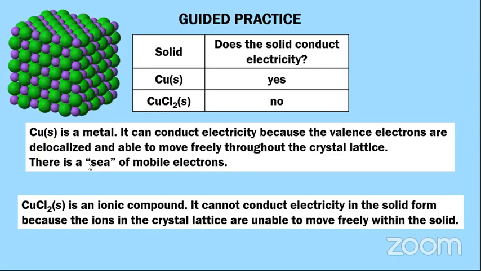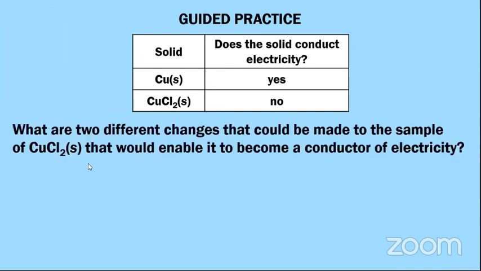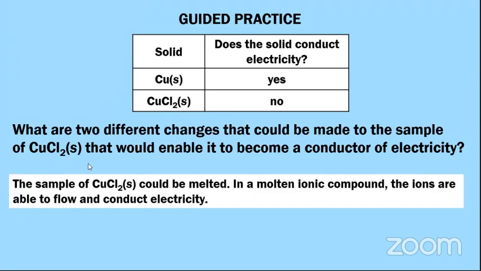Now, if copper chloride is not a conductor of electricity in the solid form, what are two different changes that could be made to the sample of copper chloride that would enable it to become a conductor of electricity? And so the two things that we could do would be to either heat up this copper chloride solid until it melts.